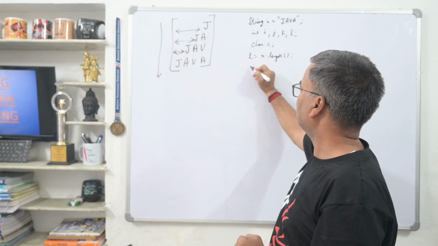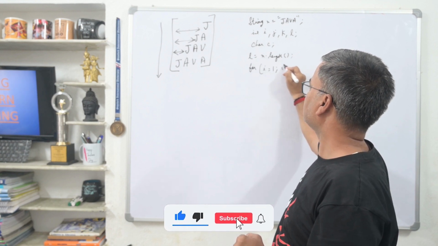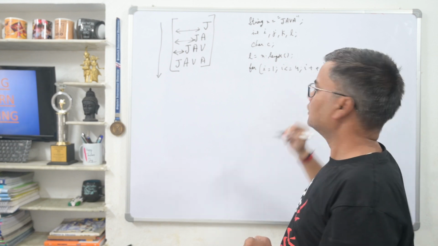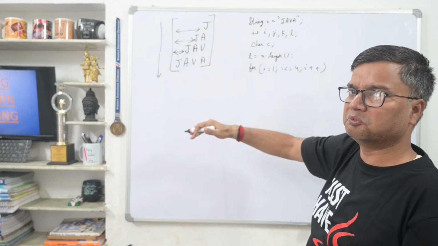As usual, the loop of I, for I equal to 1, I less than or equal to 4, I plus plus. So this is for coming down 1, 2, 3, 4.